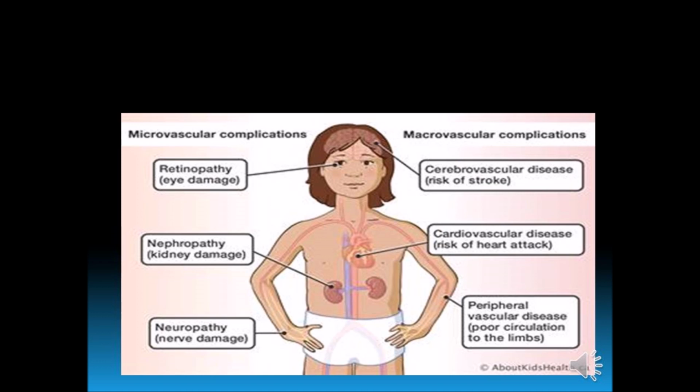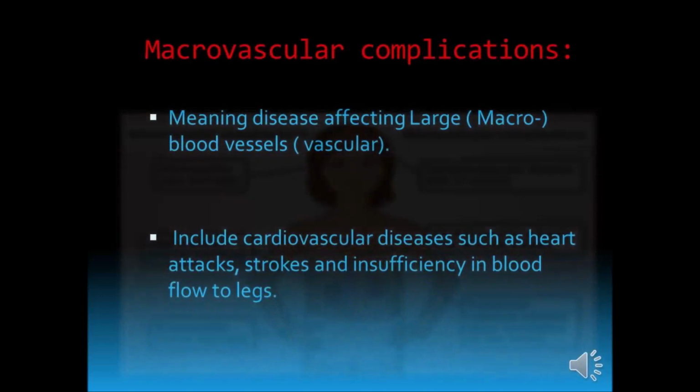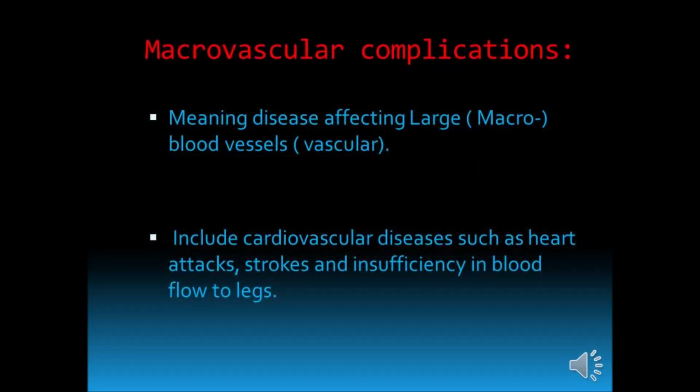Micro affects the eye, the kidney, and the nerves. Macro affects the brain, the heart, and upper and lower limb blood vessels. Let's come to our actual topic today, macrovascular complications. Like I said before, macro meaning disease affecting large blood vessels. These include cardiovascular diseases such as heart attacks, strokes, and insufficiency in blood flow to the legs.